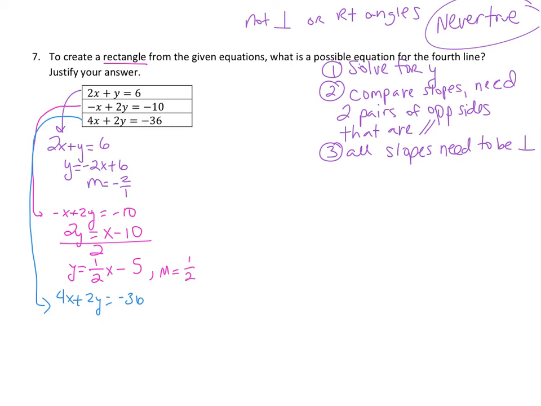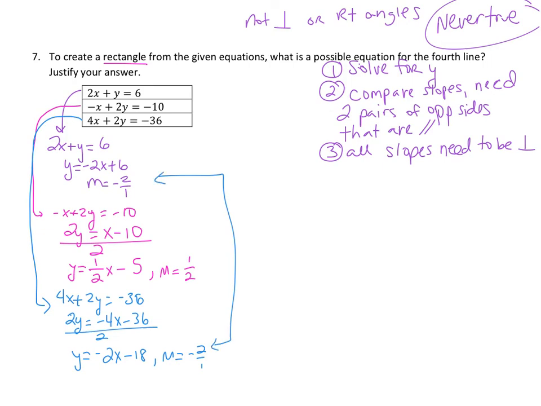So far we've got 2 that are different. In the last one, we need to subtract our 4x over, and then we would divide everything by 2 for the y, so we'd get -2x minus 18, and our slope in this one is -2/1. So if you notice, we do have one set of sides that are parallel to each other.